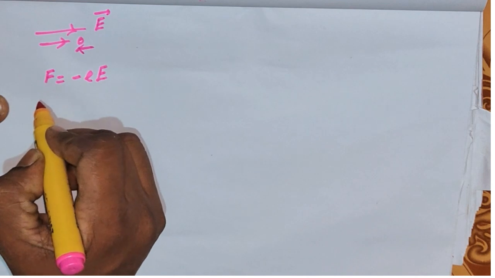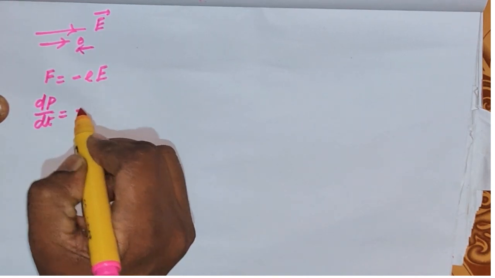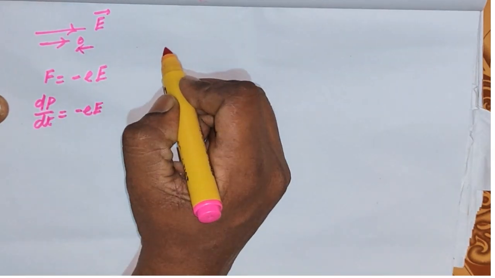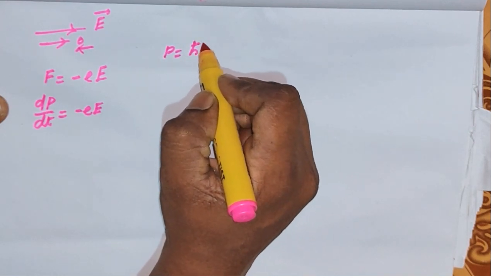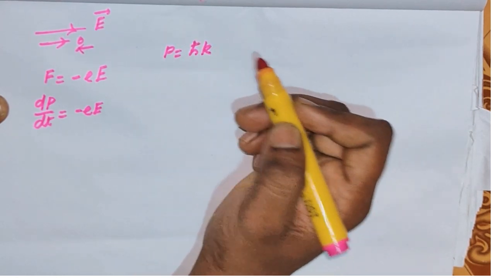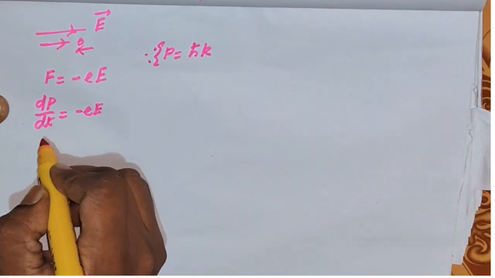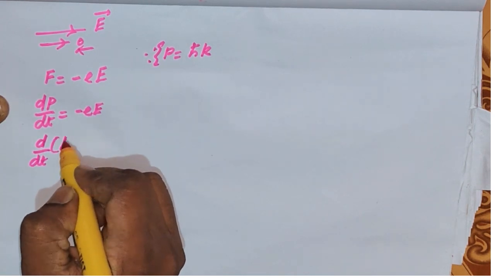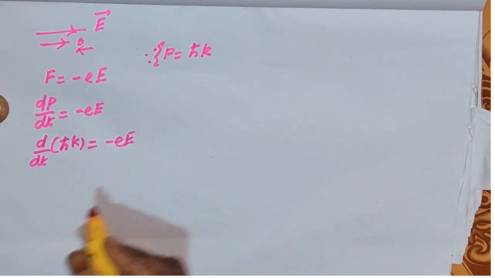So the force is nothing but the derivative of the linear momentum, which should be equal to minus e times E. From the de Broglie relation, we know the momentum of the electron is equal to h-bar times the wave vector k. So d by dt of p, substituting from that expression, h-bar dk/dt is equal to minus e times E.